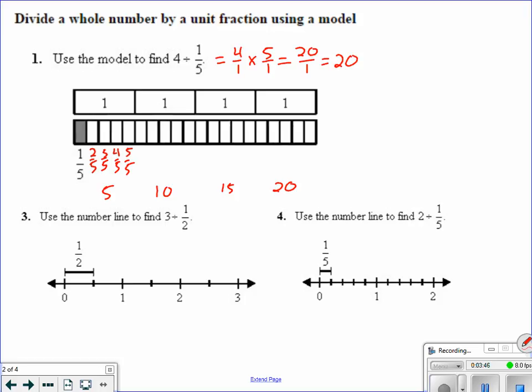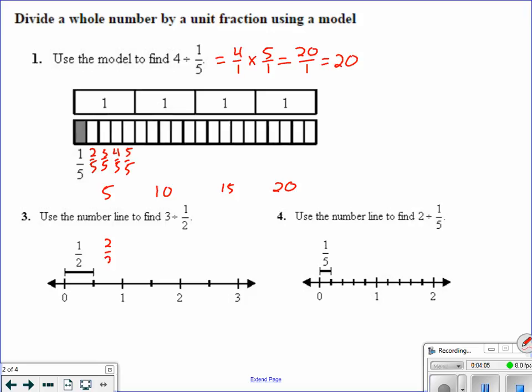Okay, number 3 on here. We skipped number 2. We're going to number 3. Use the number line to find 3 divided by 1/2. What they did is you've got 1, 2, 3 on your number line, and they've split the 1 into halves. So you can see here is 1/2.